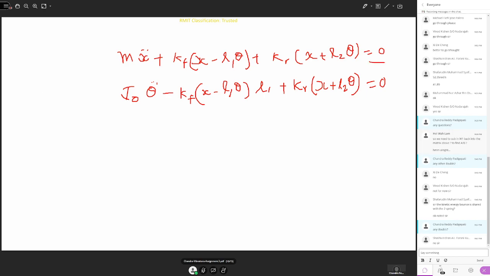So this is just to guide you whether your final equations are correct or not. Based on solving this equation, you will get the two frequencies.